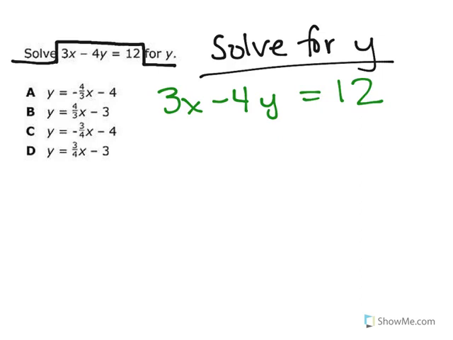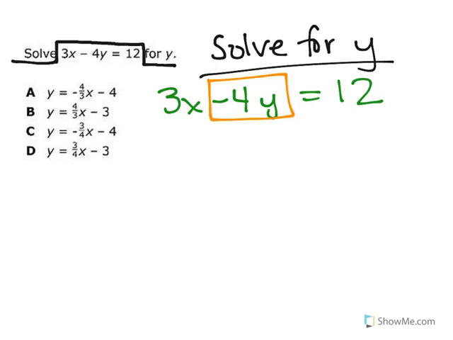So if I'm looking for y, remember with equations, we box what we want. I want y. I don't care about x no more. So I'm just going to box my y. And I'm going to do the opposite of what's next to it.